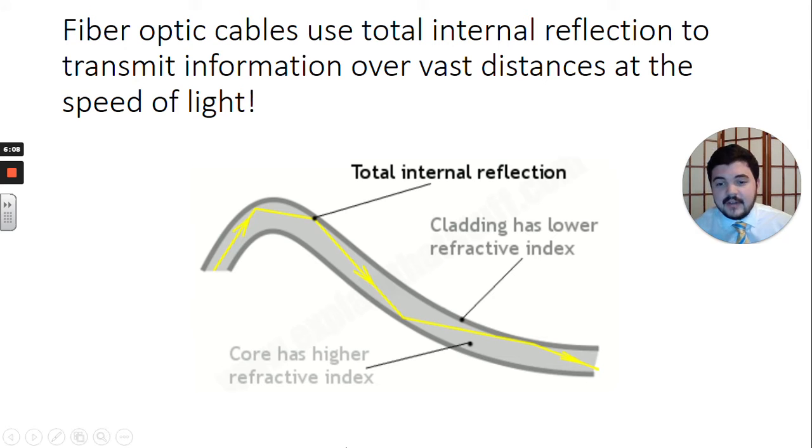And so we have a core with a very high refractive index, and then on the outside, it's wrapped in some material that has a lower refractive index. So if you send information in your light wave, and you can do that by modulating the frequency of your light wave, think like Morse code light pulses, but more complicated, you can send information over great distances, and it's not just at the speed of electron movement or something like that, but it's the speed of light.